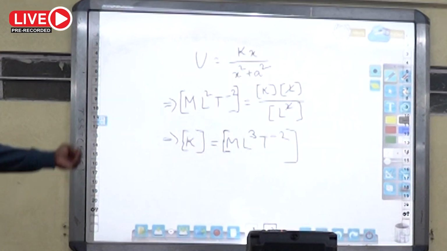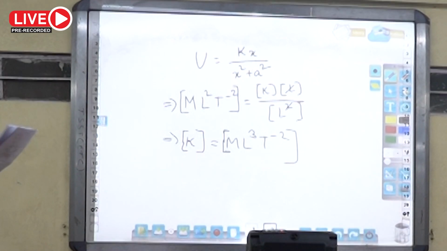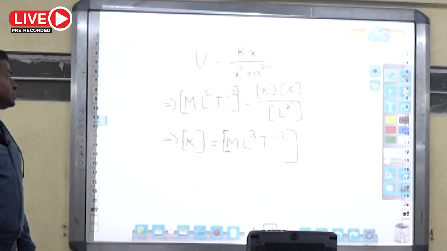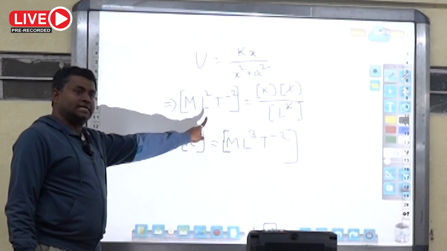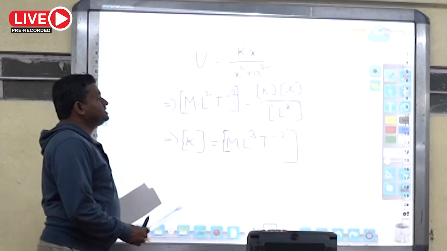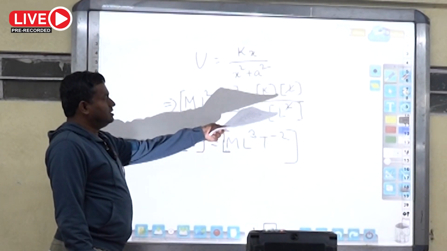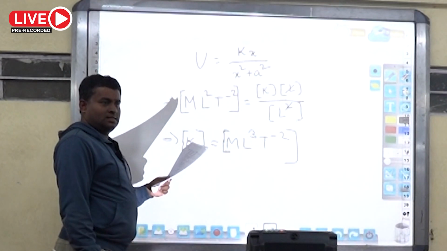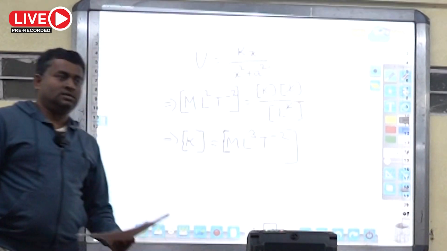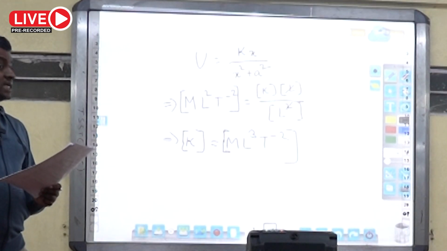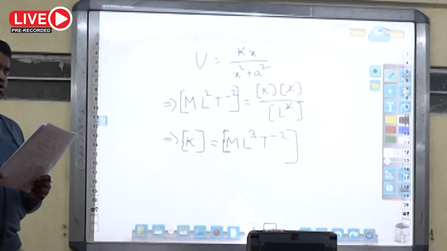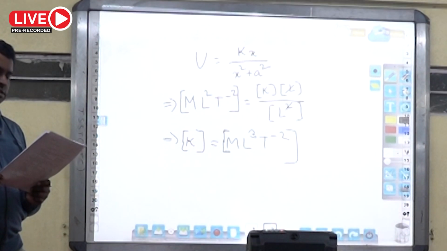First option is the dimension of power. Check it, it will not match with this, because power means energy by time. Next one is couple, which is force into distance, Newton into meter, and that will also not match.